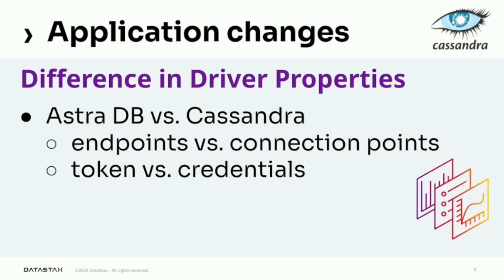The good news is the recent versions of most Apache Cassandra open source drivers already contain the properties you need to connect to AstraDB, so hopefully there's not a whole lot to do. On the other hand, if you're still using an old version of a driver, you may need to upgrade in order to get access to those new connection properties.